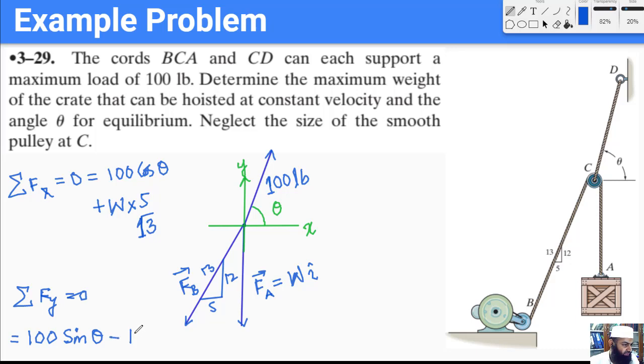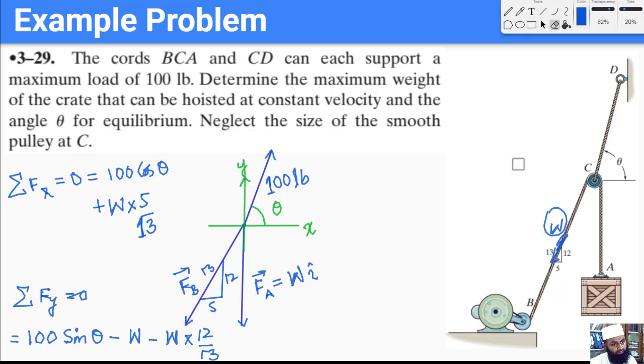One is this term W, and the other term is again W times 12 over 13. I want to reiterate why the force along this chord is also equal to W. The magnitude is equal to W, because this is the same chord going over this pulley, and we discussed earlier that any tension on the chord is equally distributed throughout the chord.